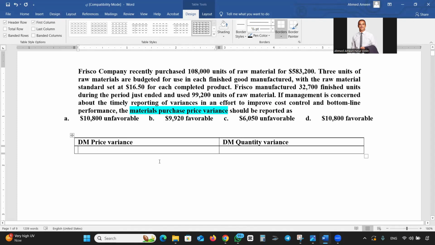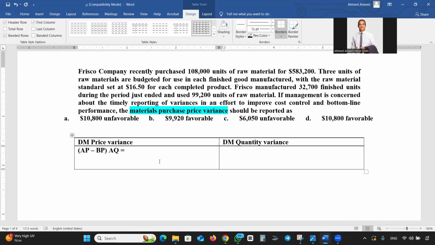Direct material price variance is the difference between actual price minus budgeted price multiplied by actual quantity, while direct material quantity variance is the difference between actual quantity minus budgeted quantity multiplied by budgeted price.